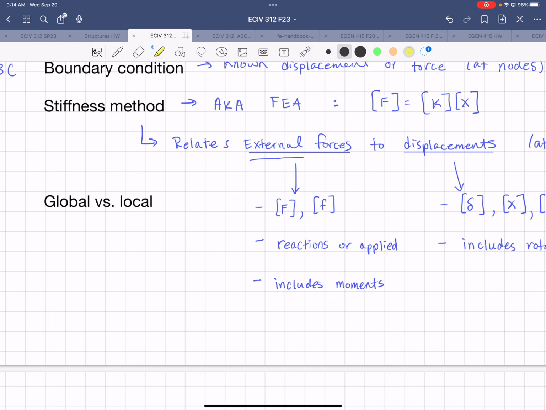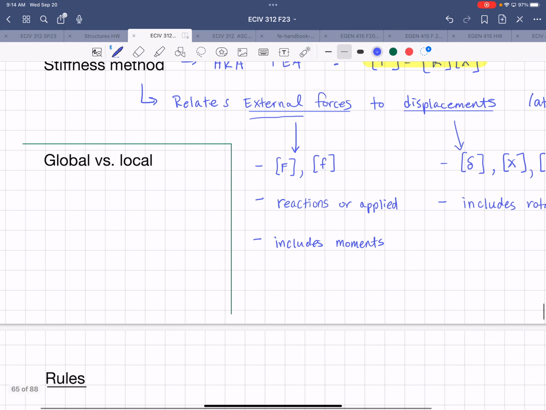All right, I'm going to highlight our equation. And then we'll come over here and provide a little sidebar on the global versus local comment. I already alluded to this earlier, but I'll just make a few notes here. So the reason we distinguish between global and local coordinates and displacements and deformations and forces is because depending on what we're after, in the overall solution, we're really focused on the entire system.